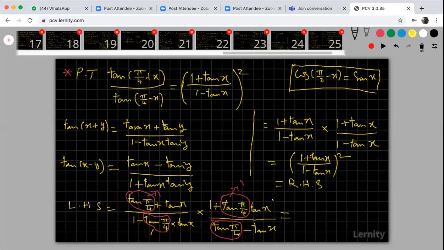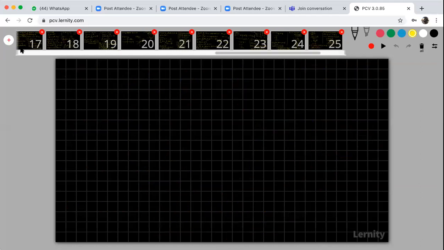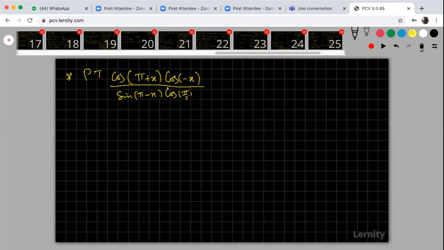The next problem is, prove that cos of (pi plus x) cos of (minus x) divided by sin of (pi minus x) cos of (pi by 2 plus x) is equal to cot square x.